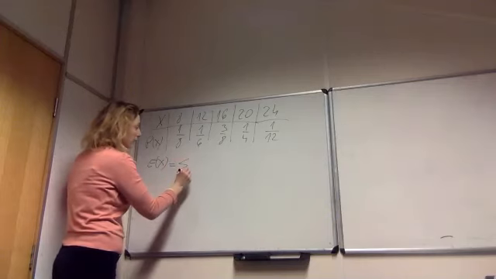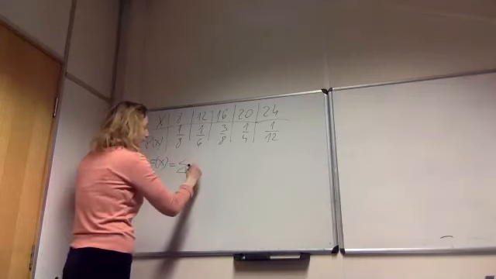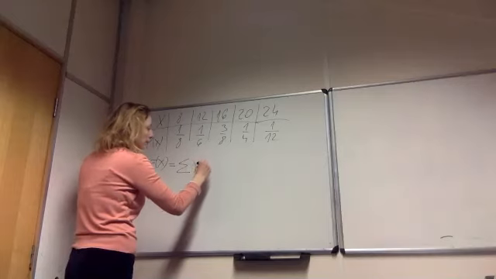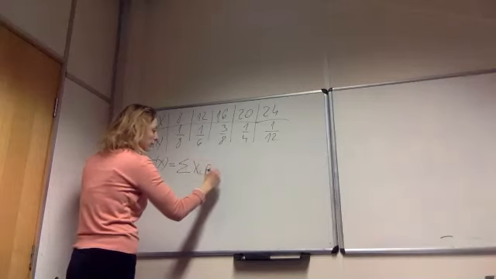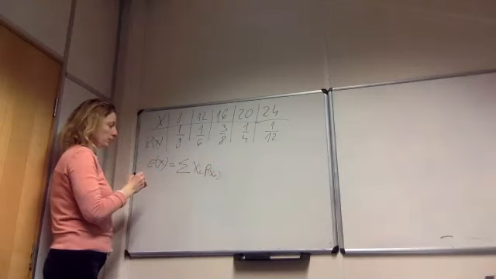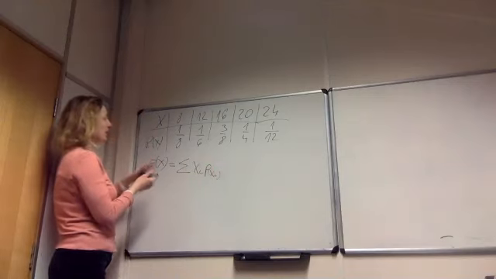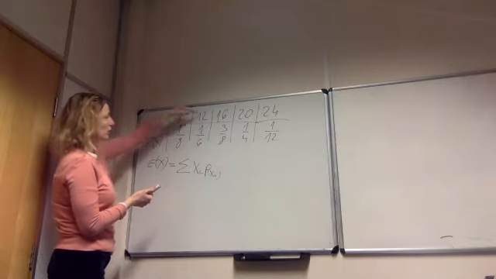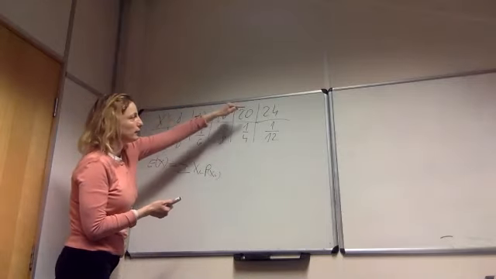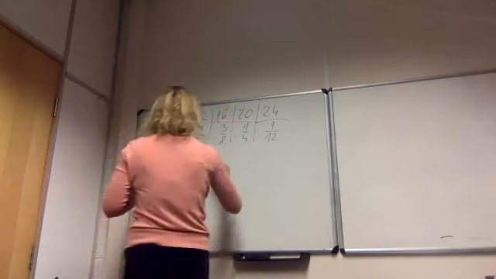We multiply each x value, each outcome, by its probability, and then add them up.